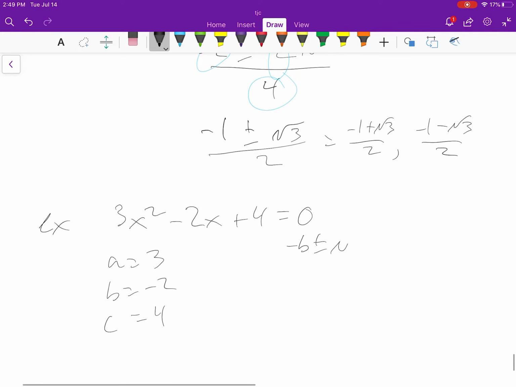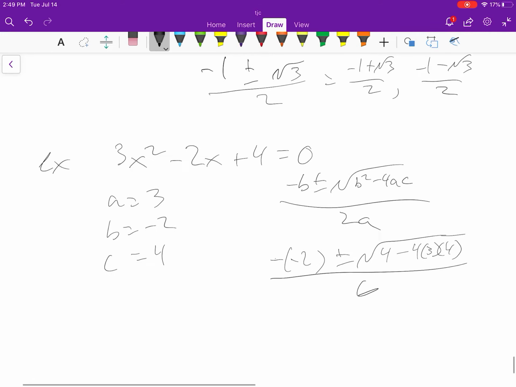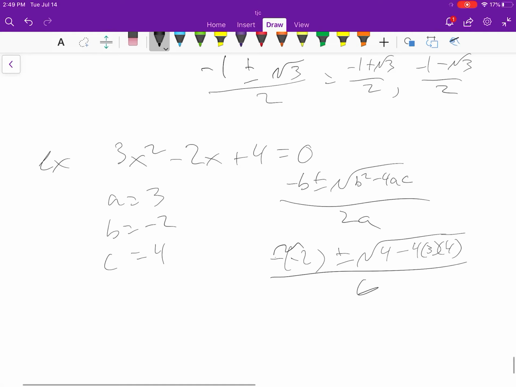So plug it in. So remember the formula is negative b plus or minus the square root of b squared minus 4ac, all over 2a, right? Okay, so b is negative 2, so we're going to have a double negative. So that's 2 plus or minus the square root of negative 2 times negative 2, which is 4, minus 4 times 3 times 4, all over 2 times 3, which is 6.